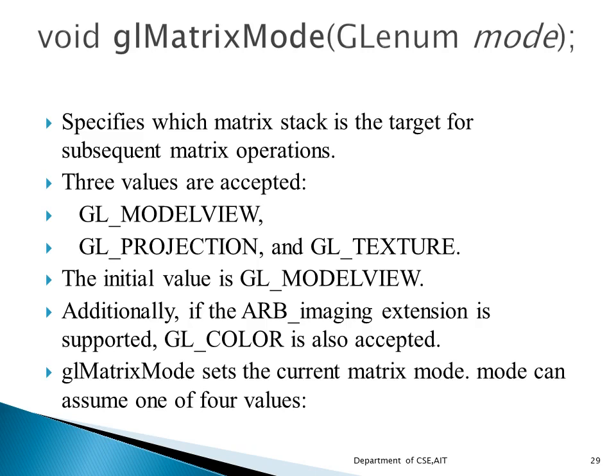Or if you want a color matrix, which is done only when you are using the ARB imaging system, you can go for GL_COLOR. By default, the argument is GL_MODELVIEW.